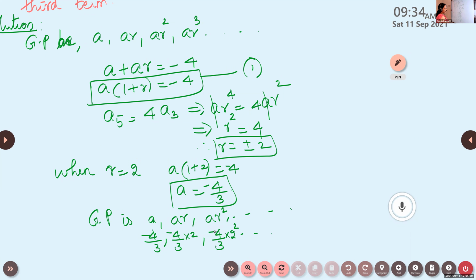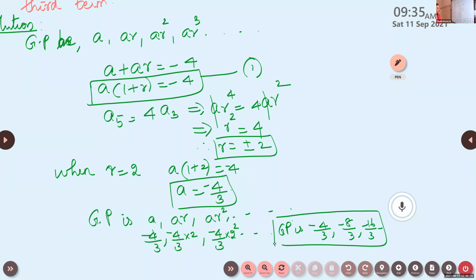So what is the GP? Therefore, the GP is, in the first case, minus 4 by 3, minus 8 by 3, minus 16 by 3, and so on. Now, in the same way, do the second case. Use the same method. Find out what is the GP in the second case, when r is minus 2.